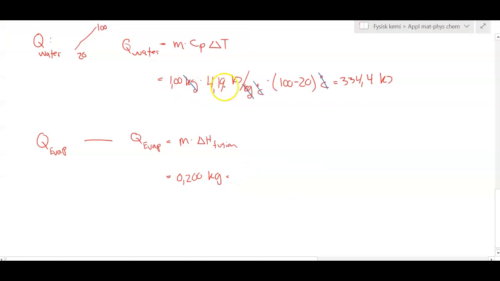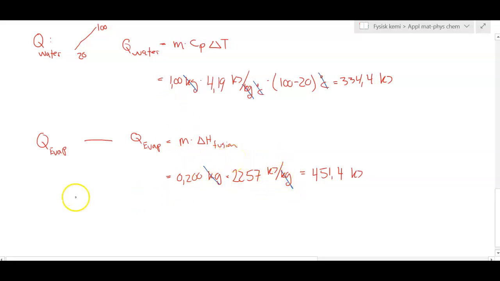So that gives us 2257 kilojoules per kilo. And that is equal to 451.4 kilojoules. Unit check, kilos, leaving us with kilojoules.